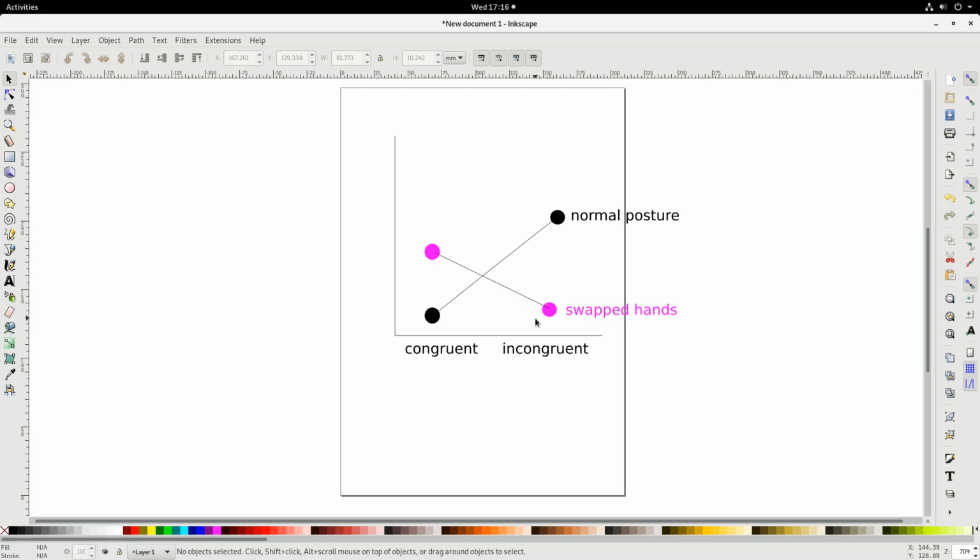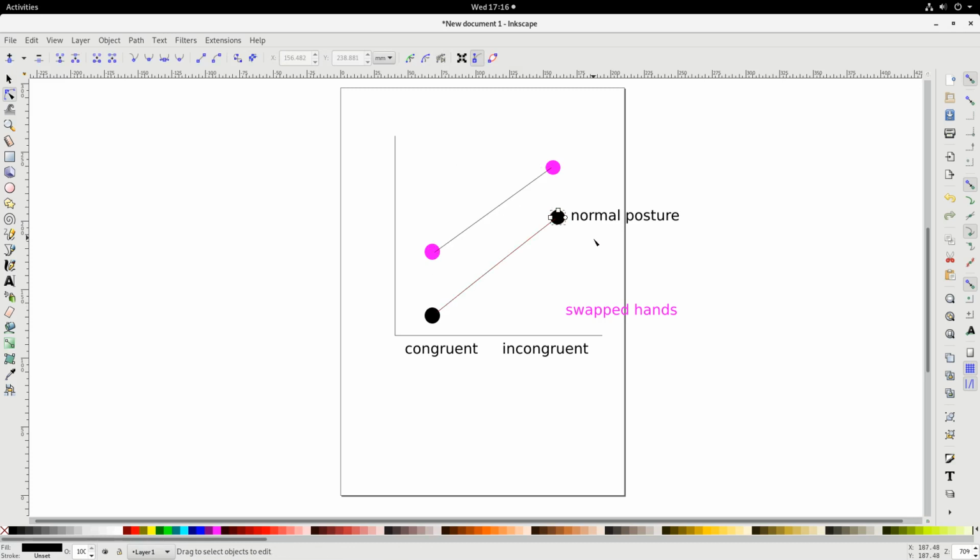Now interactions do not always look like that. You could also have a very different situation. You could have a situation where in both cases you have a real Simon effect. I need to make that line a little bit better as well, just for illustration.